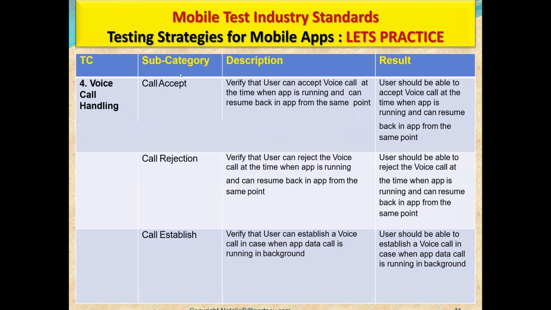This is a subcategory with conditions called call accept, call rejection, and call establish. So verify that the user, which is you in this case, can accept a phone call at the time when the app is running and can resume back from the same point.